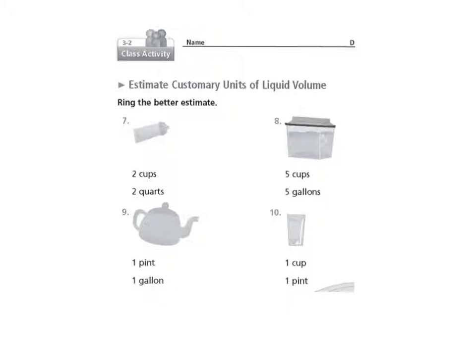I know I only drink 2 cups of milk at dinner time, and I have a bigger stomach than a baby, so I'm guessing they're only going to drink 2 cups. 2 quarts would be 8 cups. That's a lot. So I would say 2 cups.